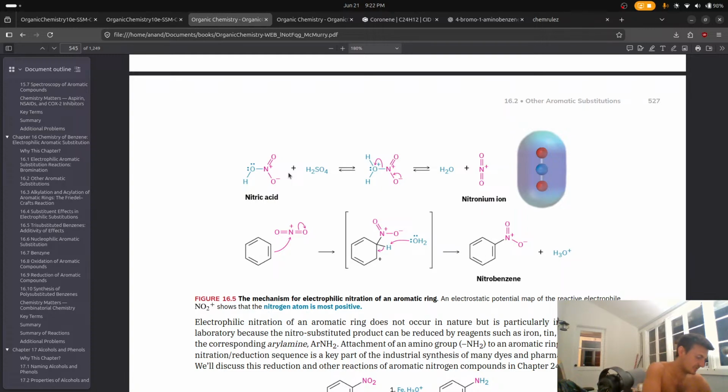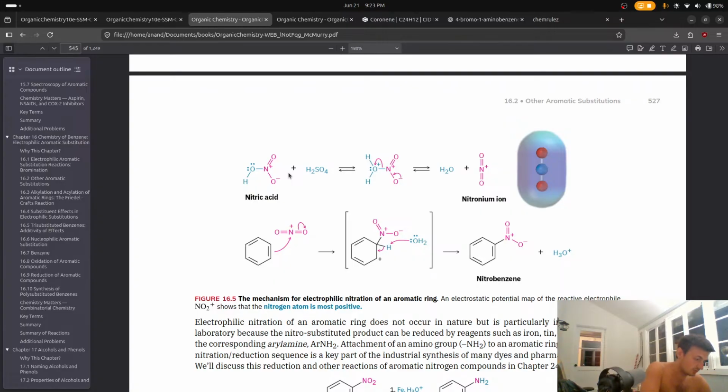Then benzene comes in, attacks the nitrogen. Yeah, of course it attacks the nitrogen. And then one of the double bonds kicks over. And then this gives us the intermediate, here are the double bonds.